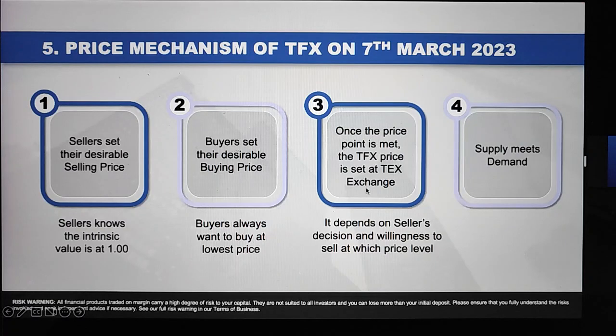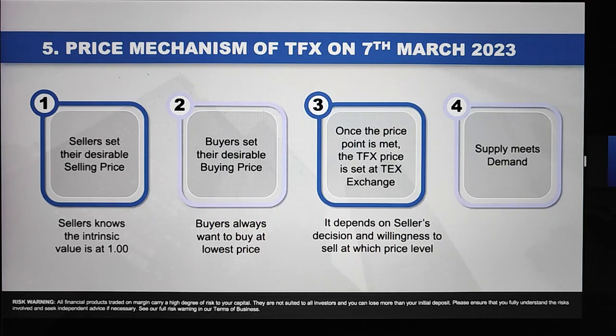Let me give you one example. Let's say all the sellers know the value is at 1, so they insist on 1, and they place limit sells at 1. And all the buyers, of course, want to buy at the lowest rate they can. Buy low, sell high. This is what they always think, right?